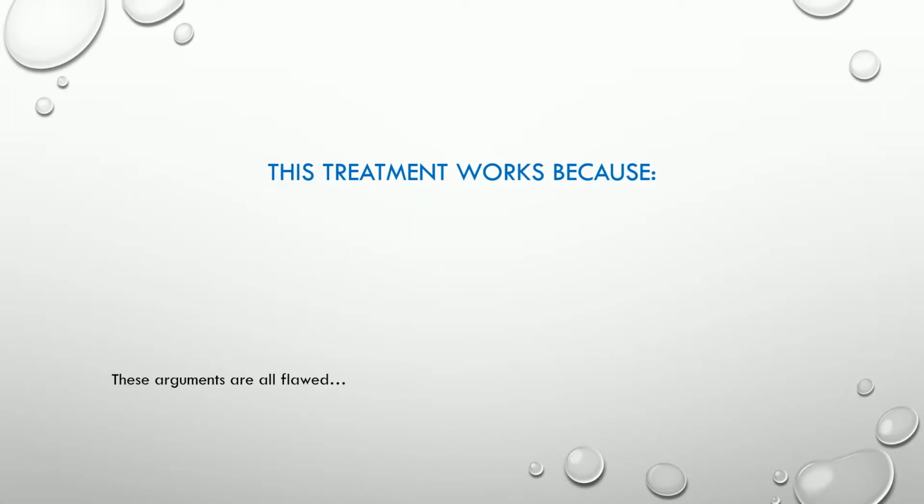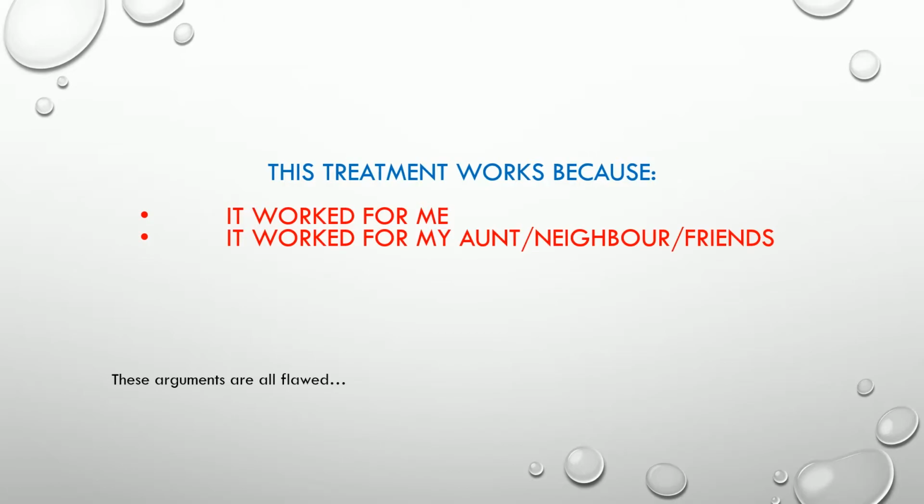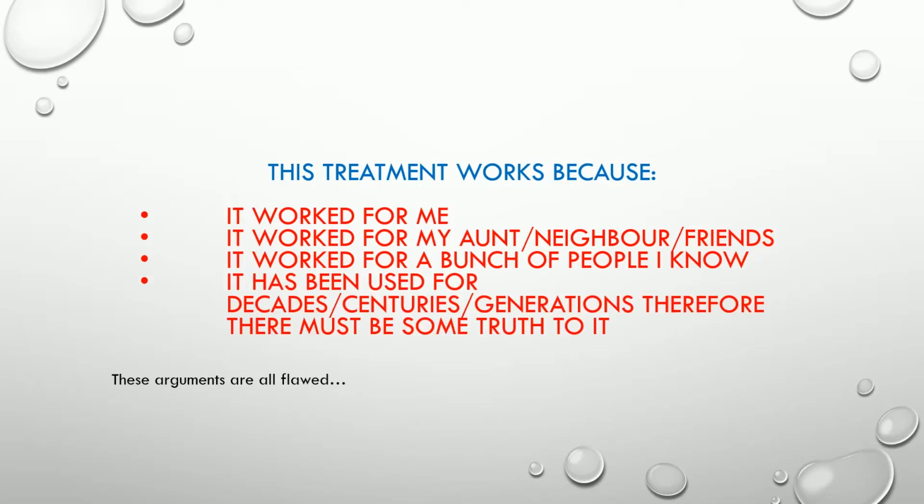This treatment works because it worked for me, it worked for my aunt or my neighbor or my friends, it worked for a bunch of people I know, it has been used for decades or centuries or generations, therefore there must be some truth to it. But these arguments are all flawed.